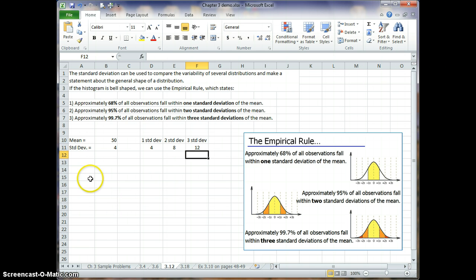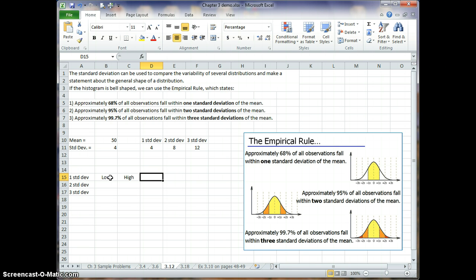So I'm just going to create a little chart here: 1 standard deviation, 2 standard deviations, and 3 standard deviations, and then the low and the high.